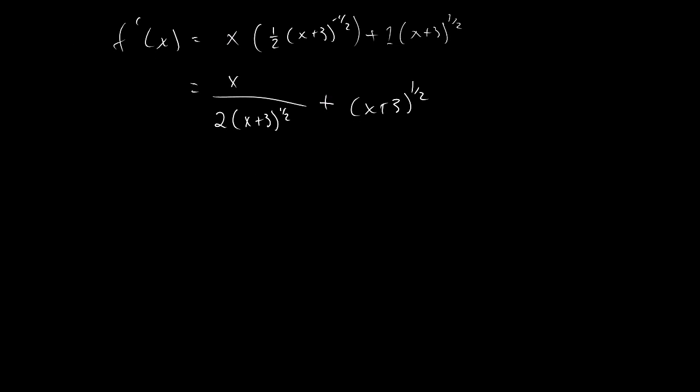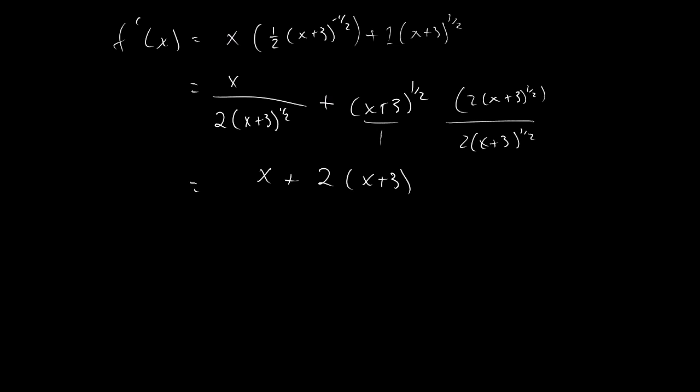Well, we kind of want a common denominator because we want one term here. So let's find our common denominator of 2 times (x plus 3) to the 1/2, because that's over 1. Finding the common denominator, we're going to have x plus 2 times (x plus 3), because the square root times the square root becomes not a square root, all over 2 times (x plus 3) to the 1/2.